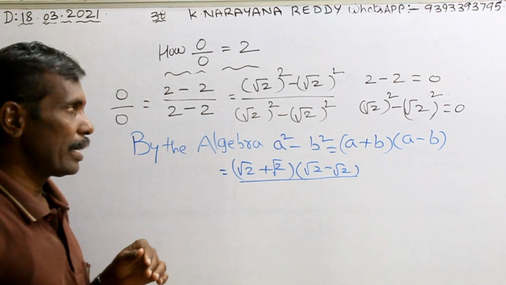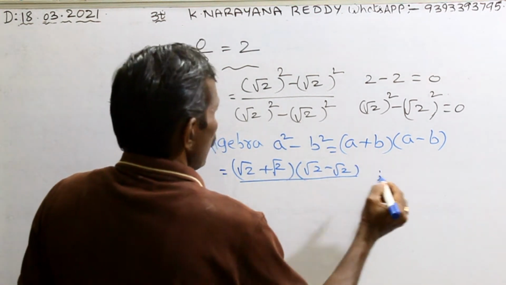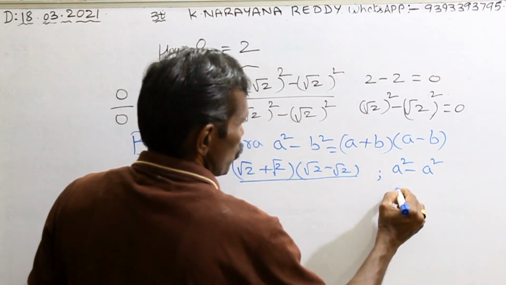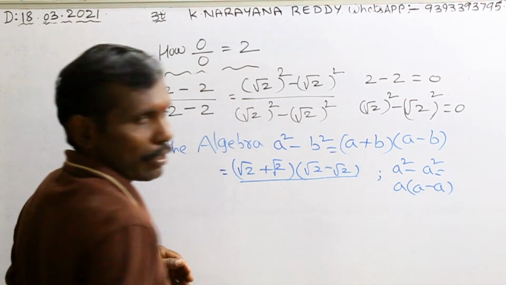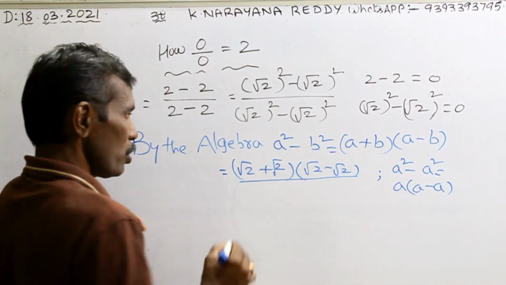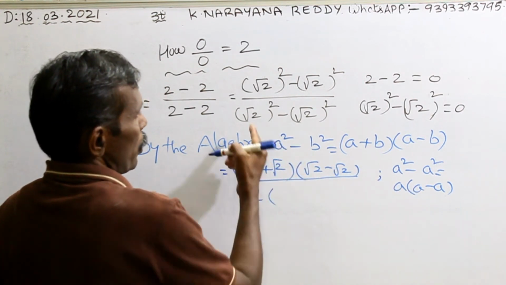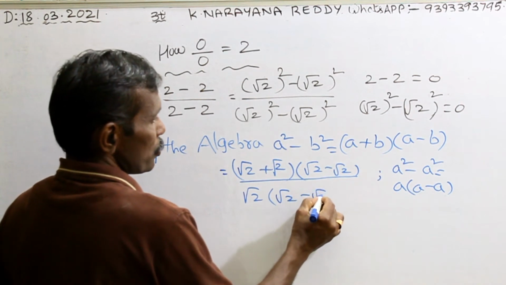another property in algebra, that means a square minus a square equals a into a minus a. Yes or not? A into a minus a. You know that. By using this formula, I take common root 2 minus root 2.